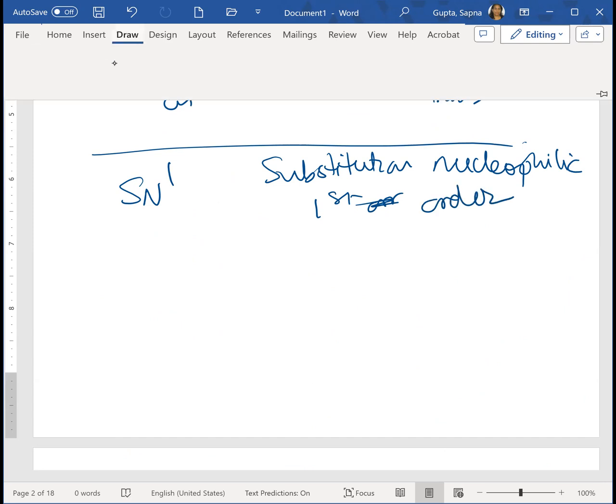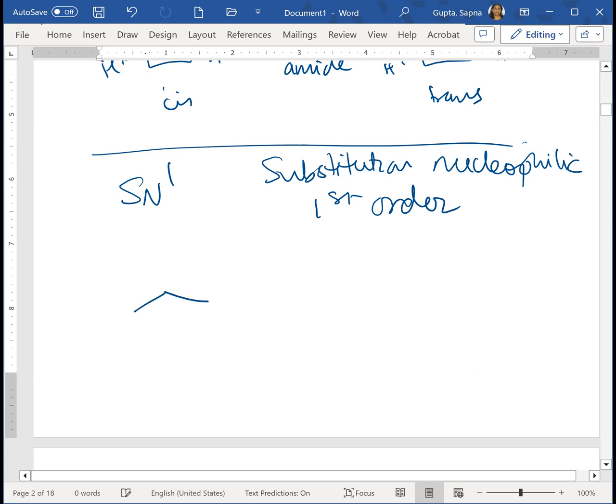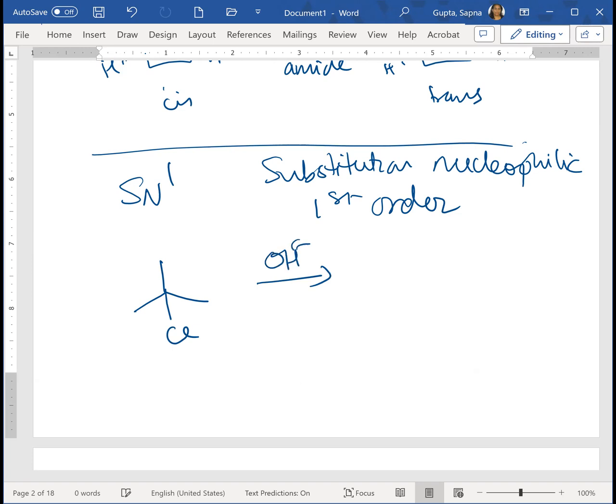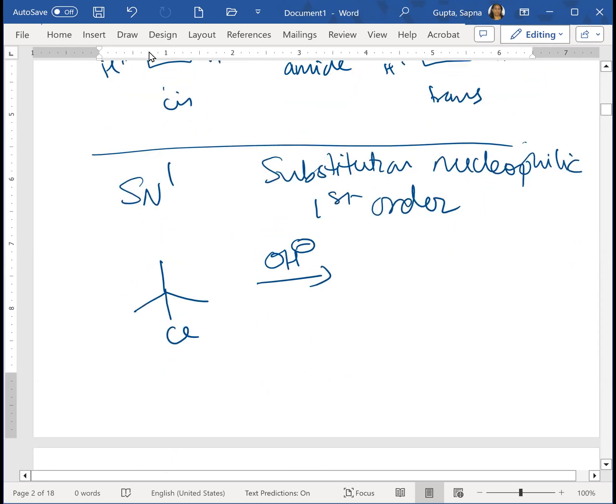First order means unimolecular. So I hope you catch this. Look at the kind of substrate I'm using. My substrate is a little bit different now. It's not the same as what I had before for SN2.